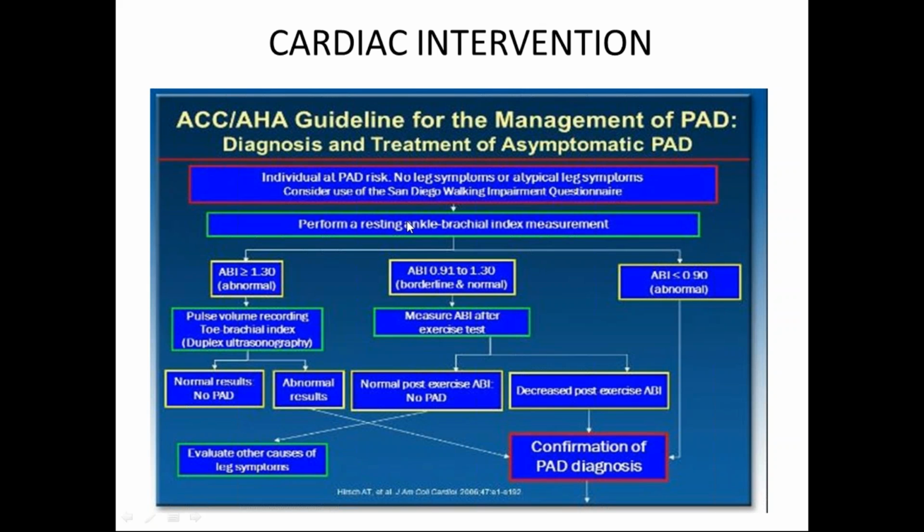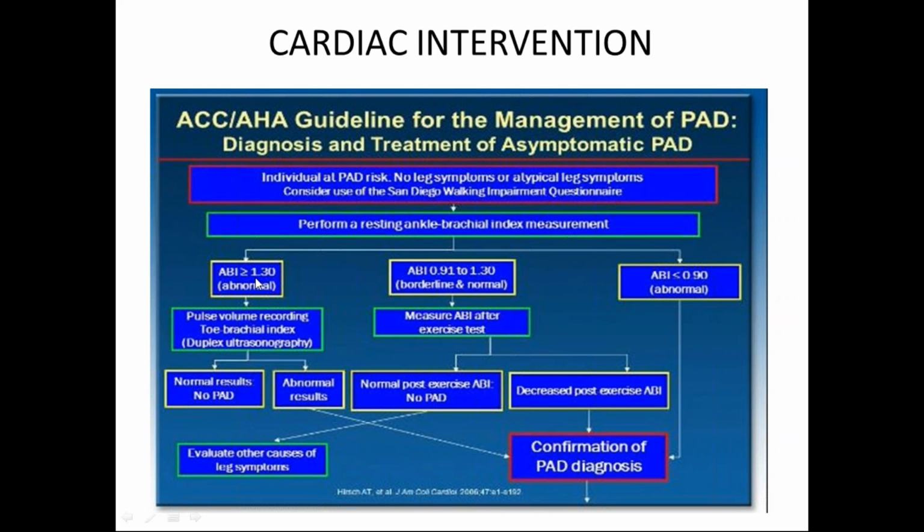So you're going to do your ABI, and if your ABI is greater than or equal to 1.3, then we talk about non-compressibility. It could be due to heavy calcification of the blood vessel. So you want to do your pulse volume recording, your toe brachial index, or you can go on to duplex ultrasonography.